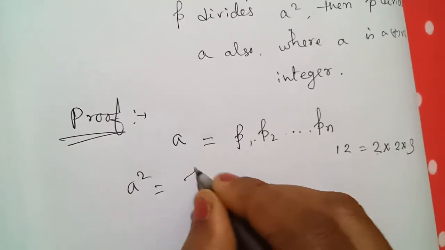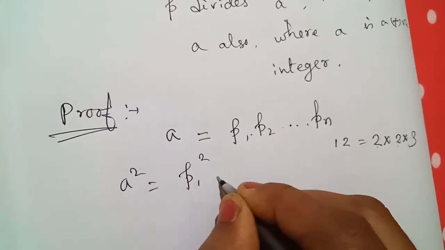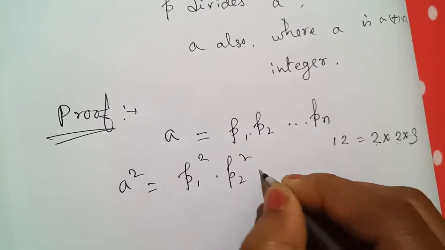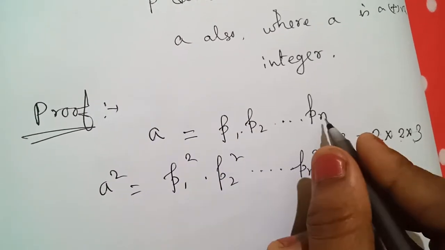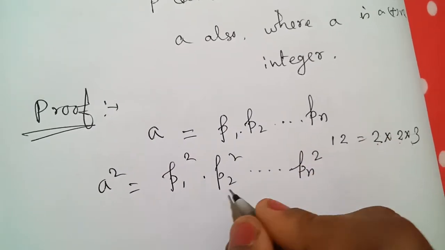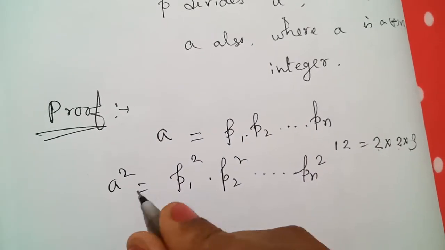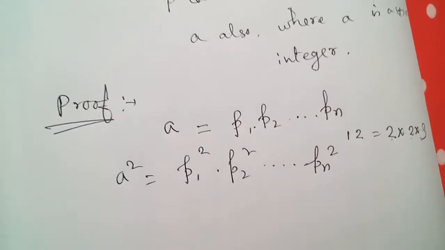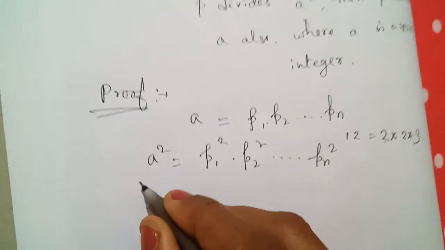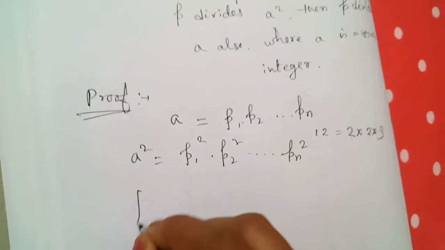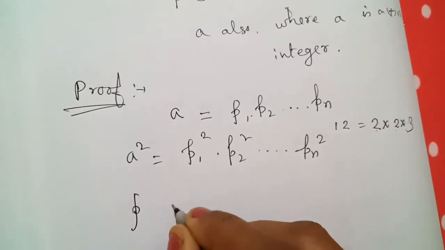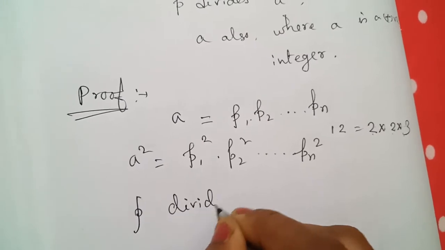a square means P1 square into P2 square into Pn square. So every factor's square will be multiplied if we are taking the square of both sides. Now it is given that P divides a square, that means suppose P is a prime number and it divides a square.